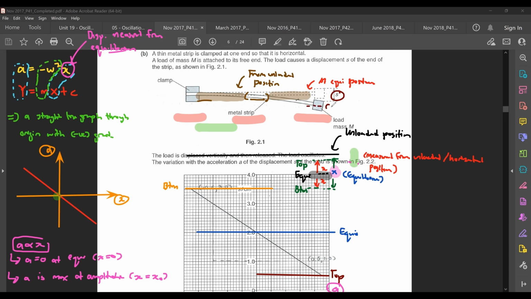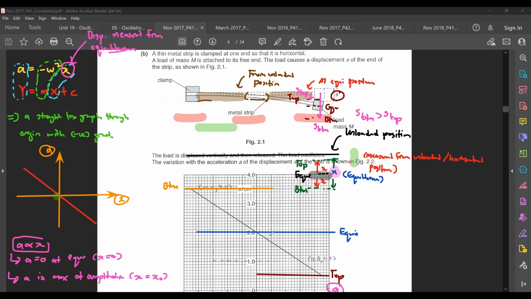If this one is your equilibrium, and this one is your bottom, and this one is, say, your top, the top value would always be lesser than the bottom value, because this one is the displacement at the top. Let's just call this displacement at your top, and this displacement at your bottom. Your displacement at the bottom will always be larger than the displacement for the top.